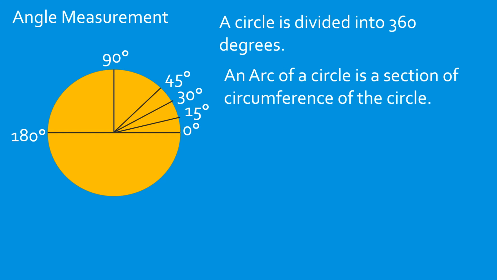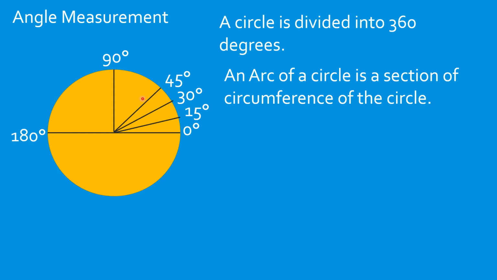Now, an arc of a circle is a section of the circumference of the circle. As I mentioned a while ago, it's just a section. It's either a minor arc or a major arc. So this is an arc, another arc, another arc.